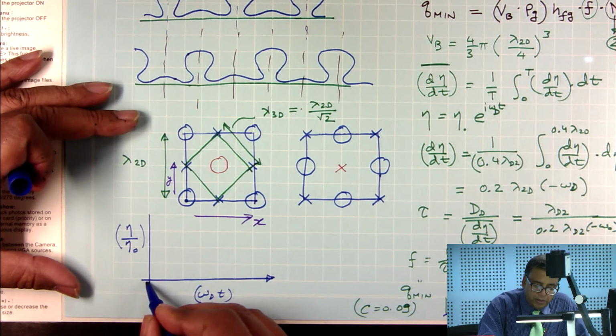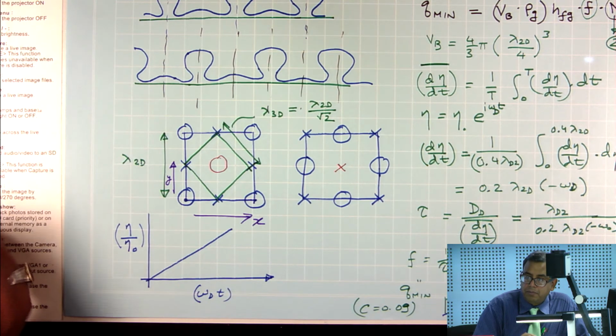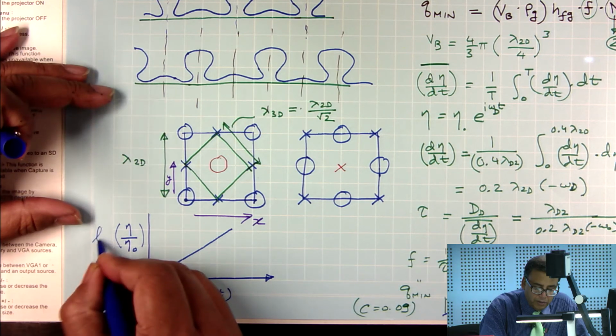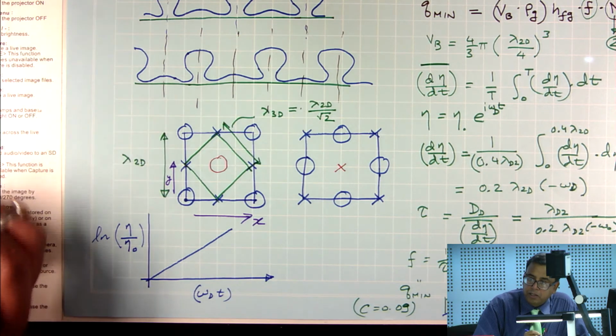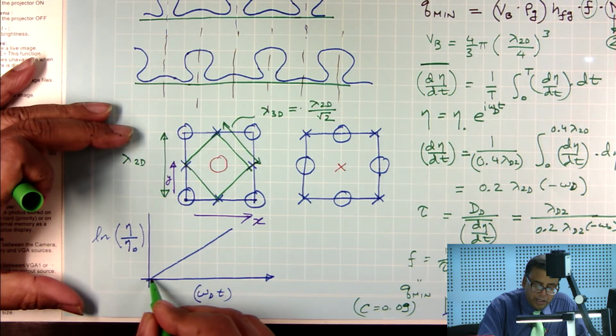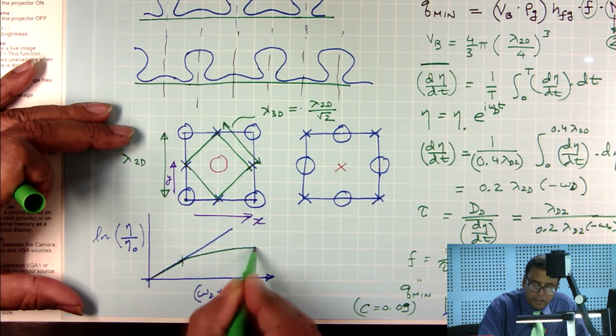According to linear stability analysis, this should be a straight line, isn't it? Okay, if I do a log plot, essentially, if I take the log of this, because eta is equal to eta_naught e to the power of minus omega_d t, right? But in reality, if you plot the experiment, you will see that it will follow the linear line only up to a certain limit, and then it will actually become slower.